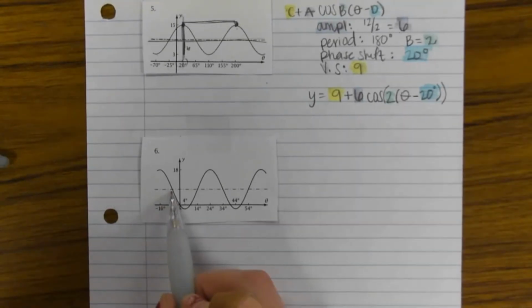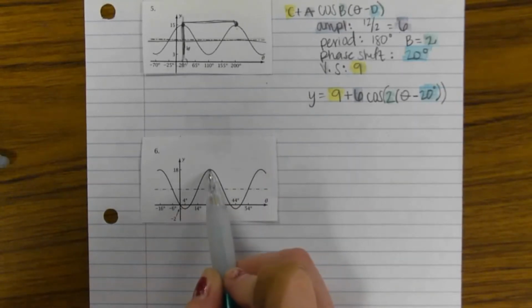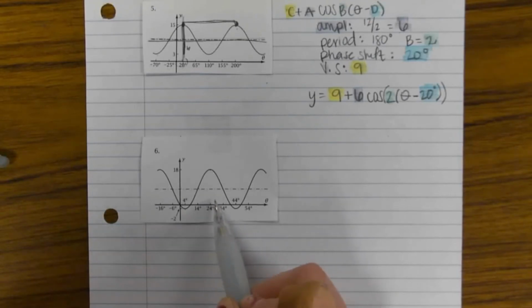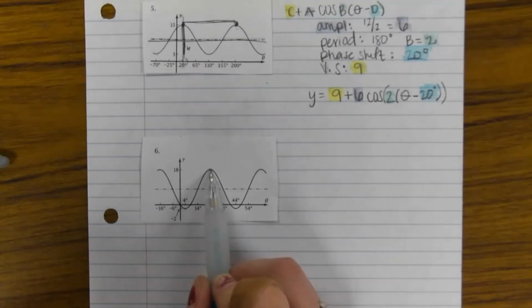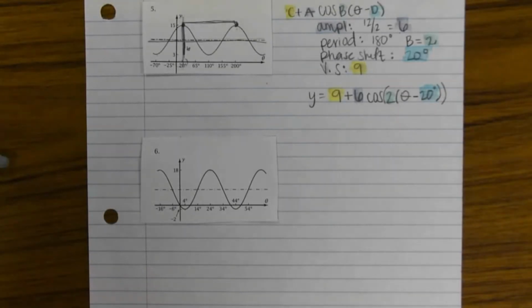Our options are we could start here, here, here, or here. And they were really nice, and they actually gave us what each of these values are. We've got negative 6, positive 4, 14, or 24. I like to start where I have the least amount of displacement, but that doesn't mean that that's necessarily right.